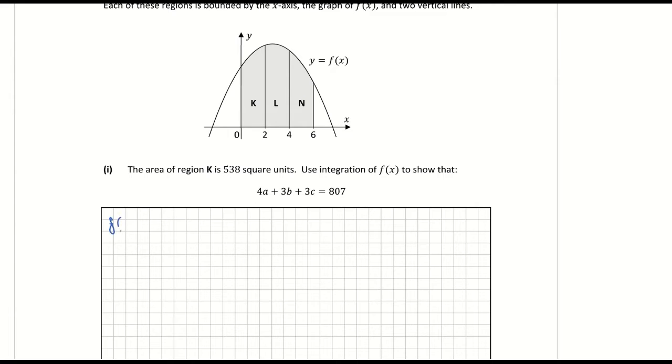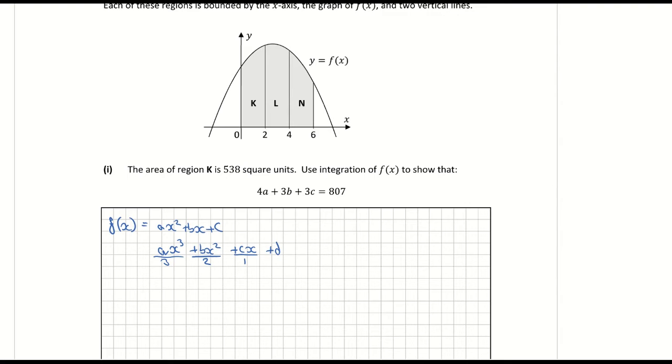Okay, so let's have a look at this. F of x from the question is given as ax squared plus bx plus c. That's what they're telling us. If I integrate that, I increase my power by 1, so ax cubed over 3 plus bx squared over 2 plus cx over 1 plus d. d is my constant.